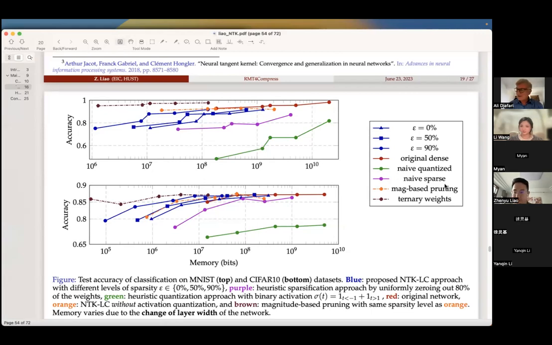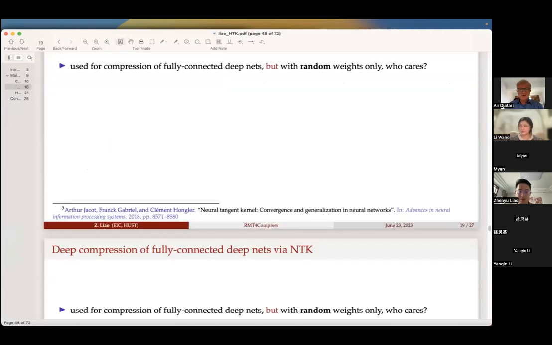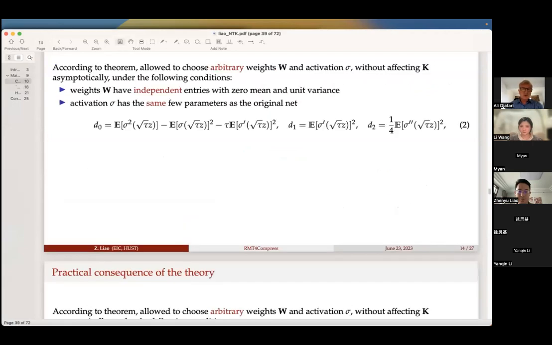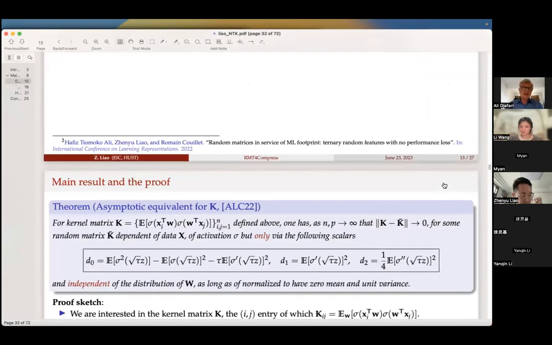You mentioned that the optimization problem is a nonlinear optimization to solve before obtaining the compressed network.